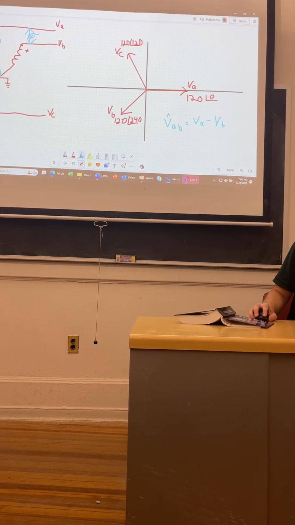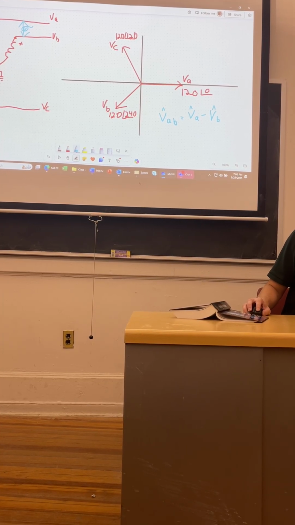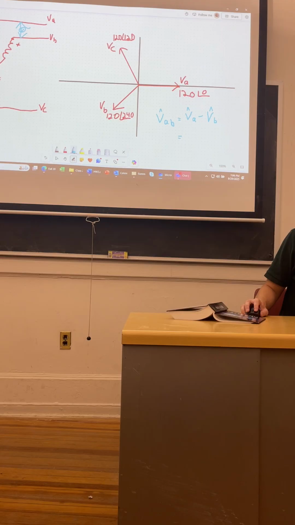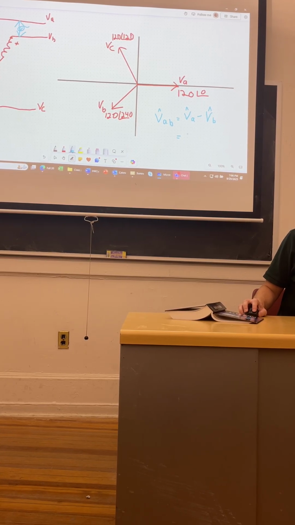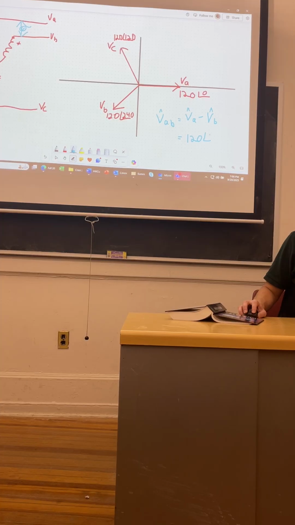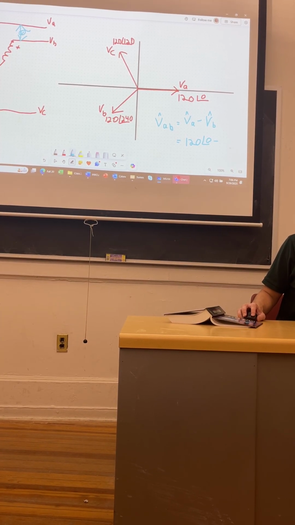These are little vectors or phasors, so I'll draw little hats on them. So again, we said VA was 120 at 0 minus 120 at 240.